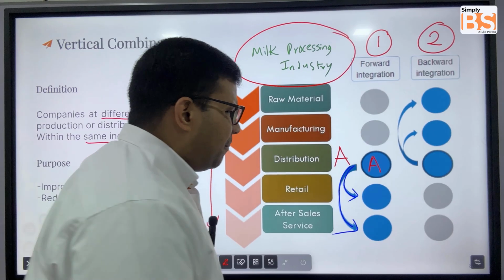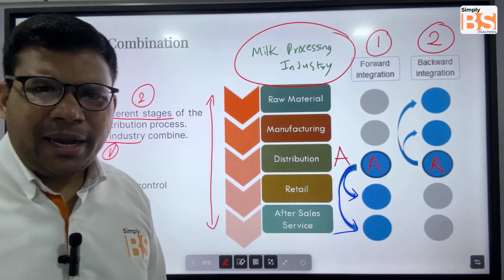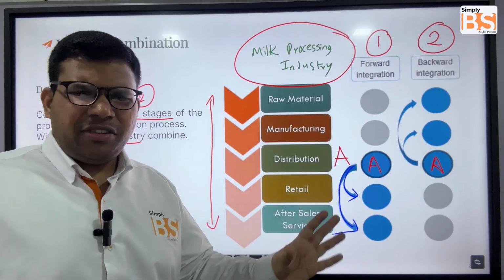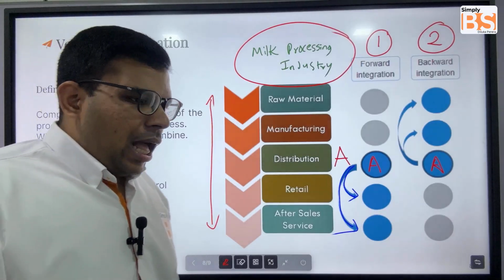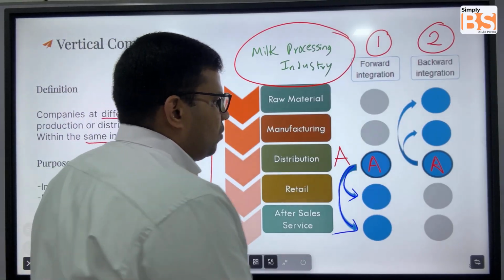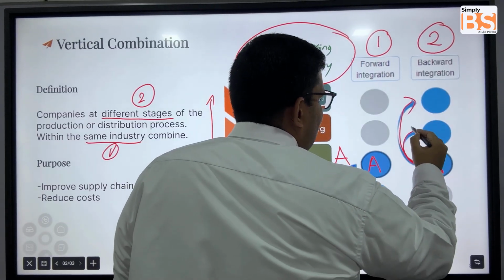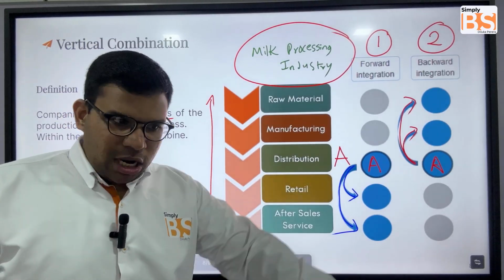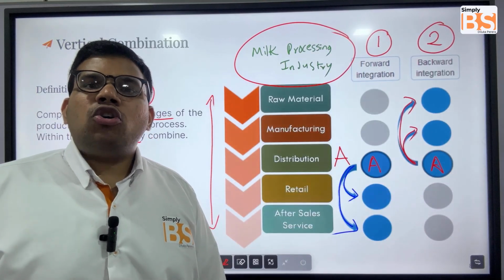We take the same example: Company A, which is doing manufacturing and distribution, either merges with or acquires a supplier or a farm which produces raw milk.